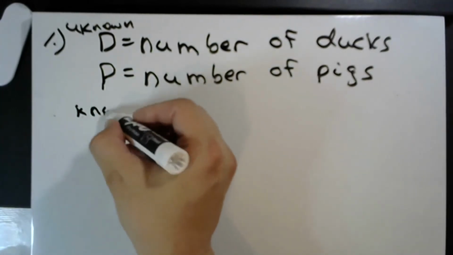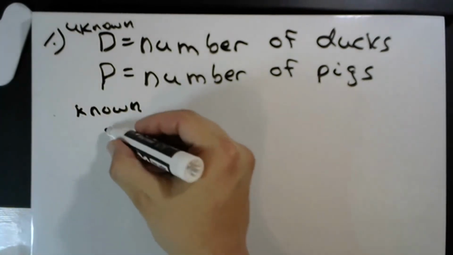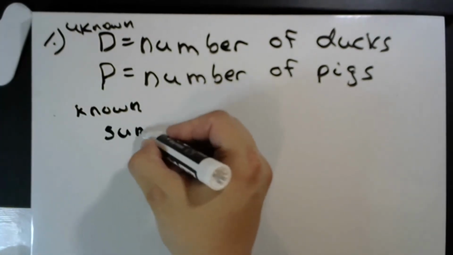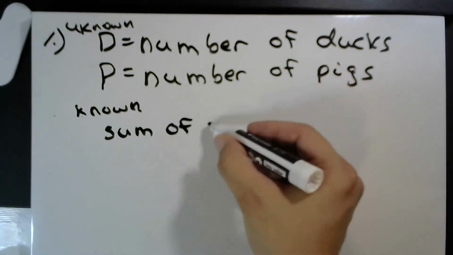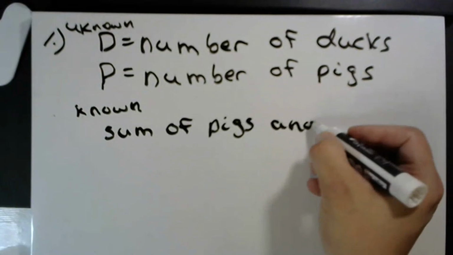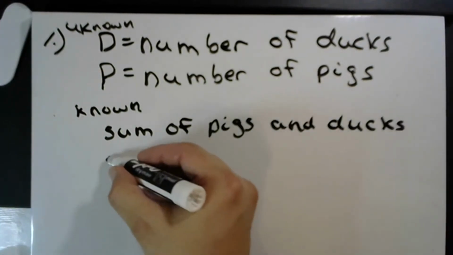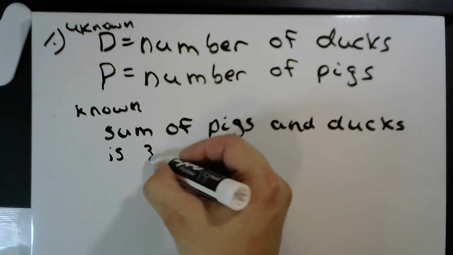And so then let's take a look at what we do know. So we have what we don't know. What do we know? Well, the sum of pigs and ducks is 35.